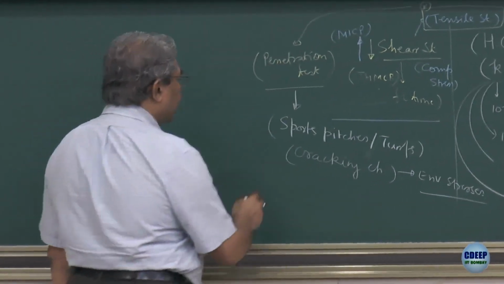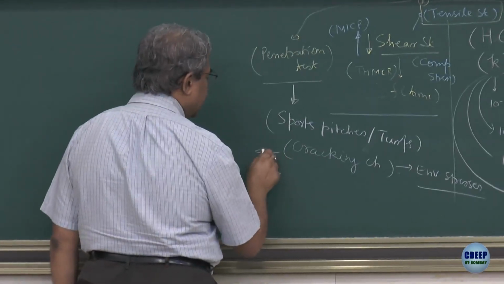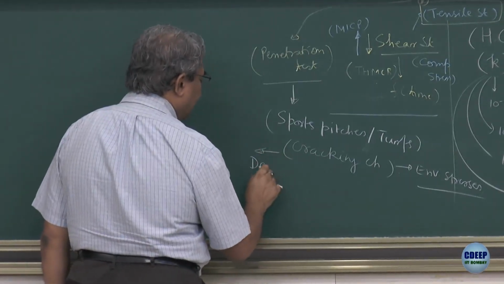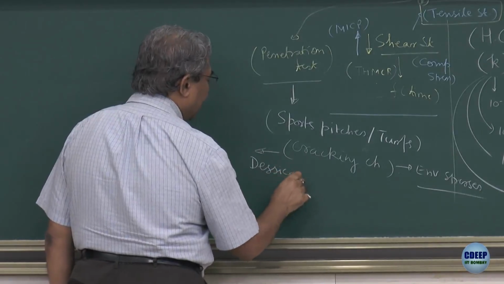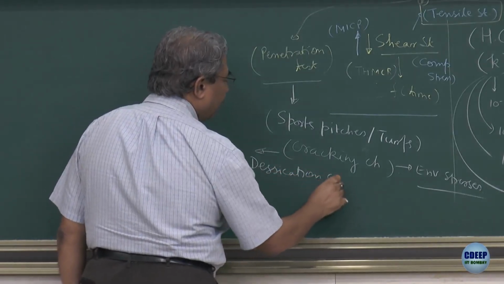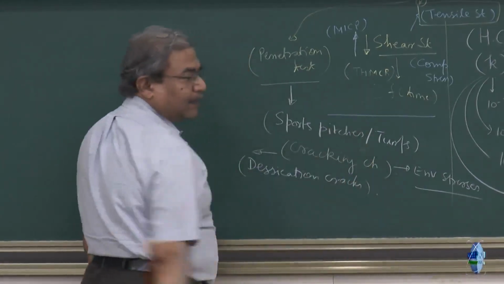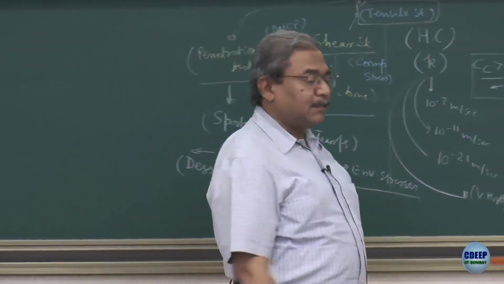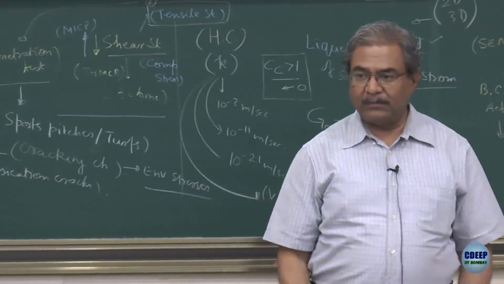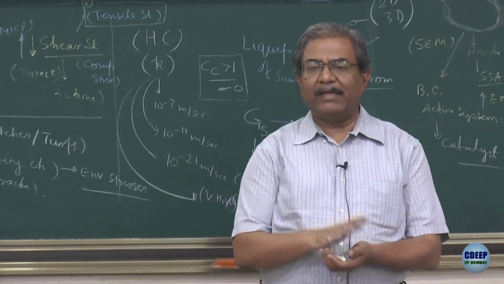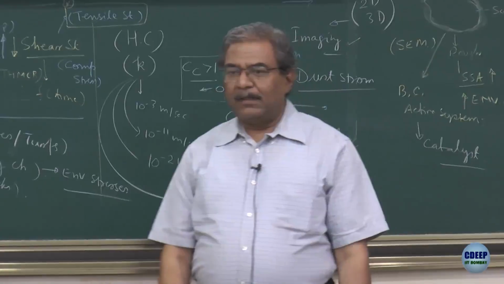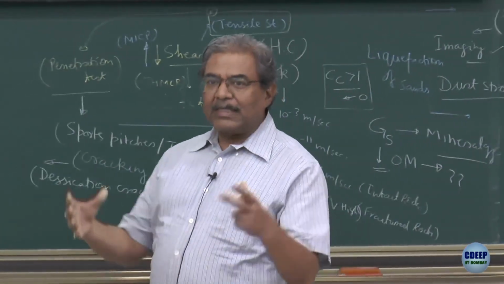So, most of the time these cracking characteristics are defined as desiccation cracks. The best example of desiccation cracks appearing in clays is what potters do. Have you seen any potter making a pot? You know, these concepts are very interesting.